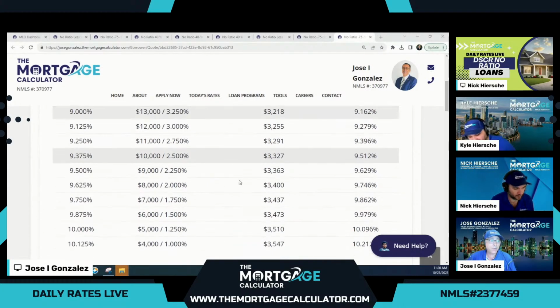So we have 10.125 as our lowest cost option, and you can buy that down to 9%. Now, please be aware there are very limited options for DSCR loans at 80% where it is less than 1.0. But at the mortgage calculator, we do like having all the solutions for our borrowers.